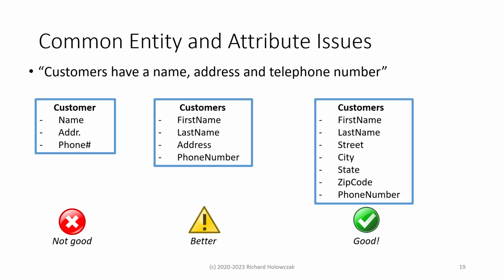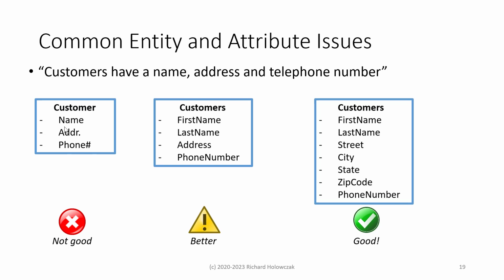For example, suppose we're told that customers have a name, an address, and a telephone number. If you were in a hurry, you might write out customer and maybe the attributes name, ADDR period, and phone with a pound sign there. This is good as a start, but this is not something that would be acceptable in a professional setting.